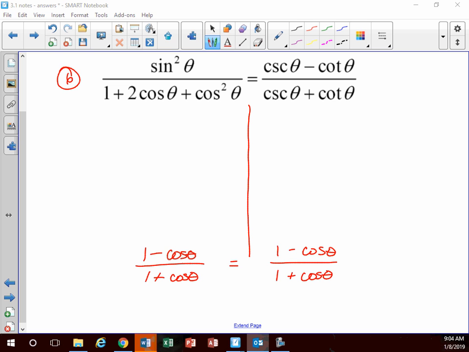Oh. Okay. So you're sort of breaking the law, right? When you're reducing a fraction, you can only cancel out factors, not terms.